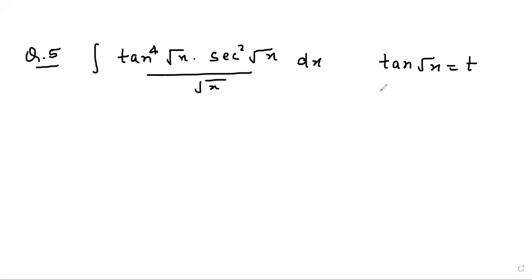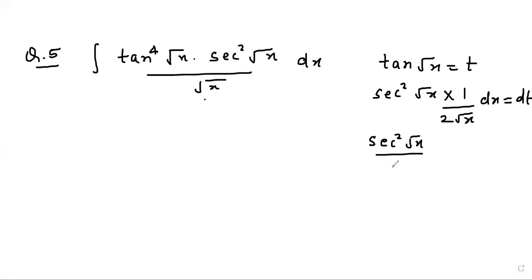Its differentiation will be sec square root x into 1 upon 2 root x dx equal to dt. We have sec square root x upon root x dx. It means sec square root x upon root x dx will be 2 dt.